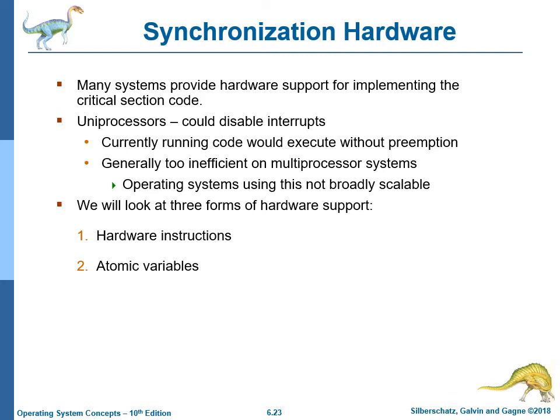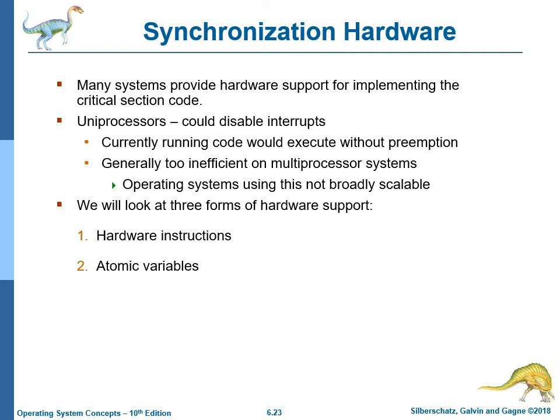So this is the approach taken by the non-preemptive kernel. Unfortunately, this solution is not feasible in a multiprocessor environment. So this approach is suitable for a single processor, tapi kalau untuk multiprocessor environments, it is not feasible.